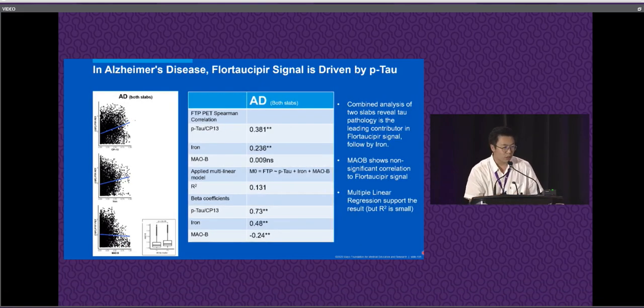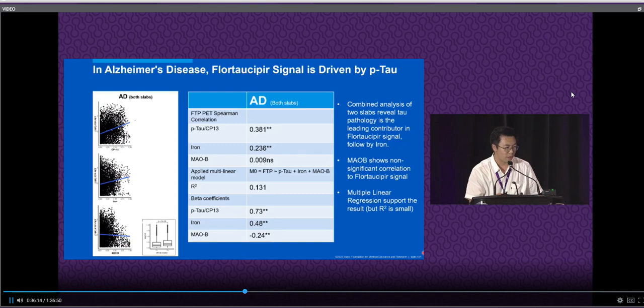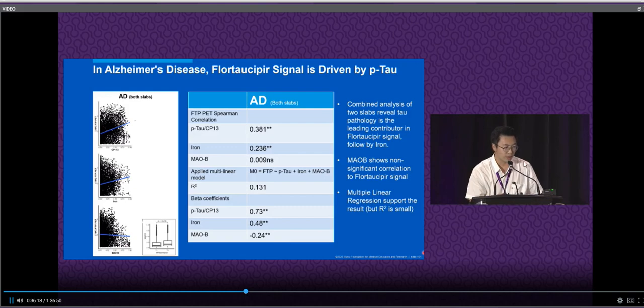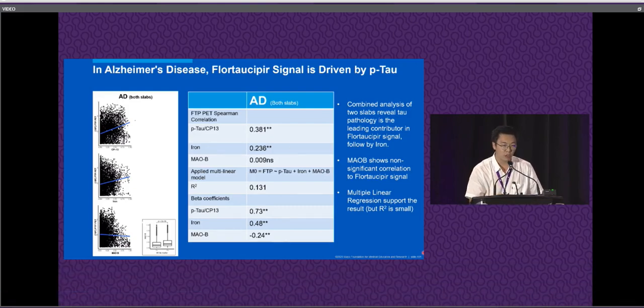And when we combine the two regions in AD into the same analysis, we are seeing a positive correlation of the phosphorylated tau, which is mainly contributing to the photosapir signal, followed by iron as second. And MAOB is showing a non-significant correlation to the photosapir signal in AD.